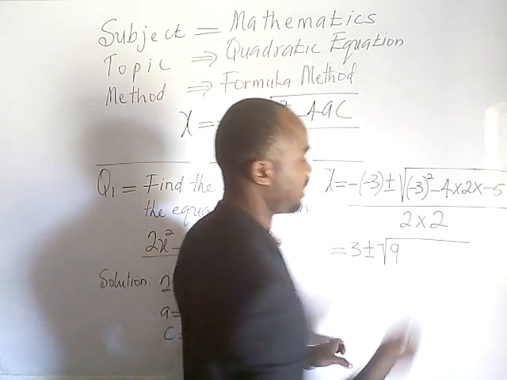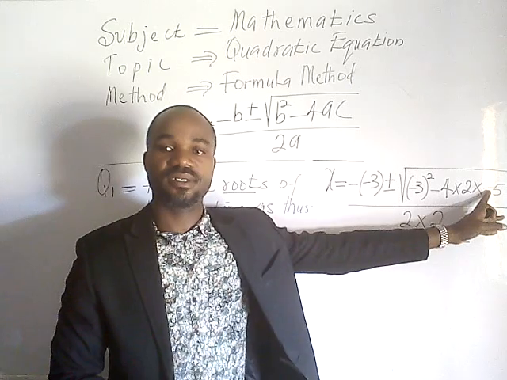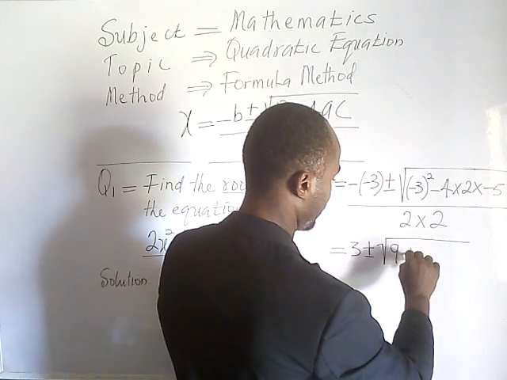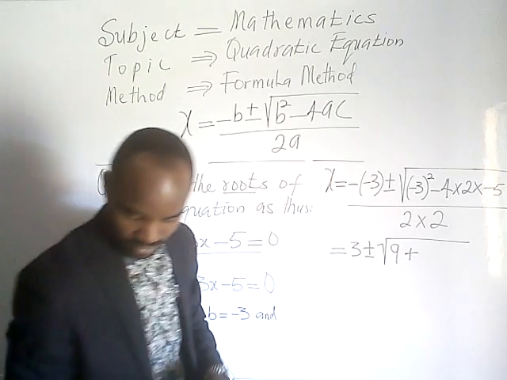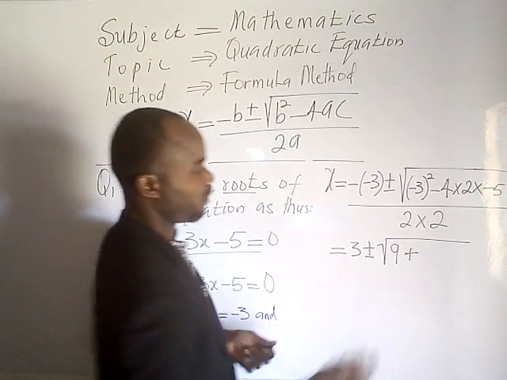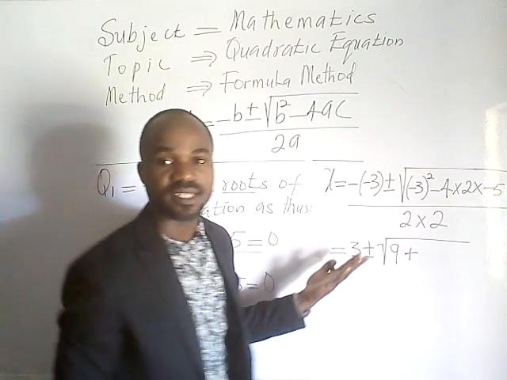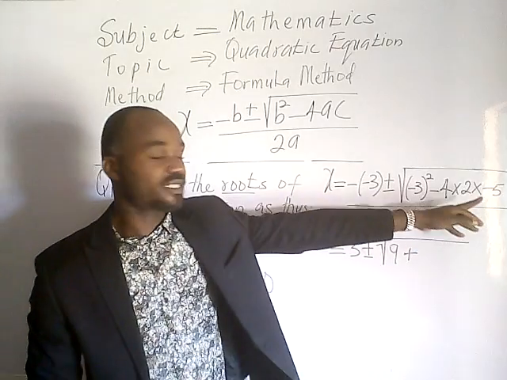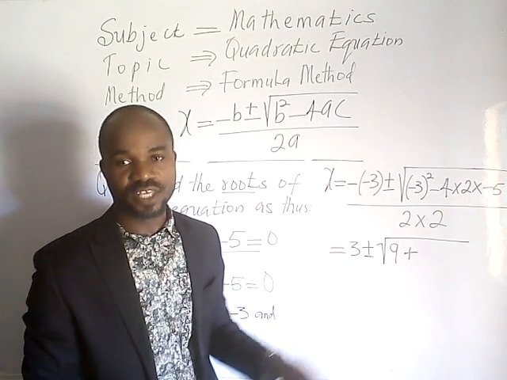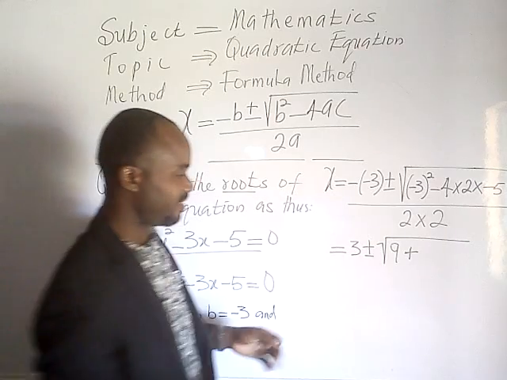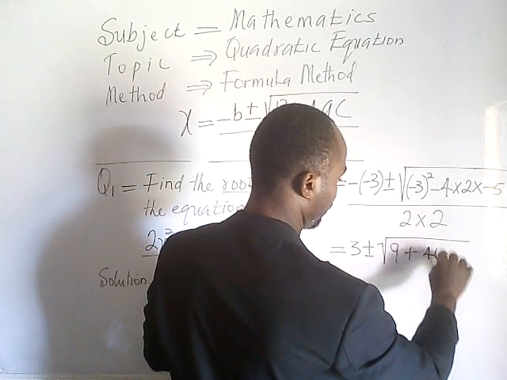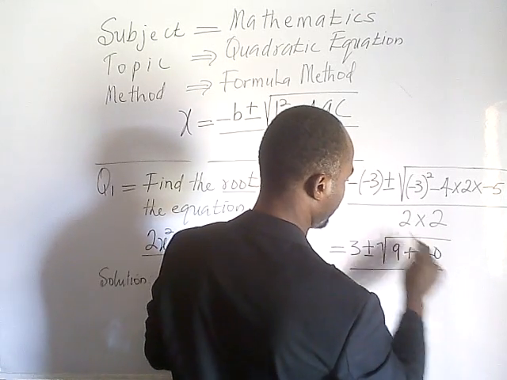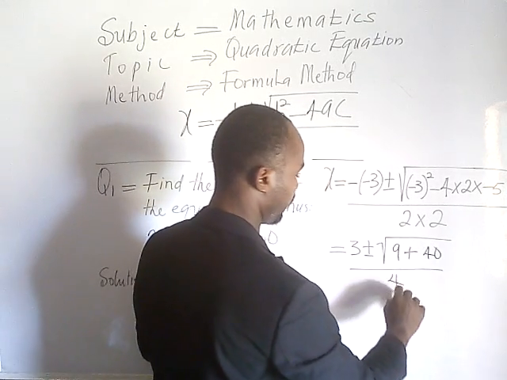Then minus times minus, again we change this to plus. Then 4 times 2 is 8, and 8 times 5 is 40. All over 2 times 2, which is just 4.